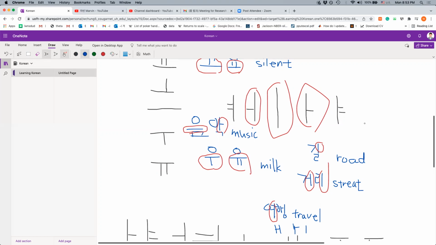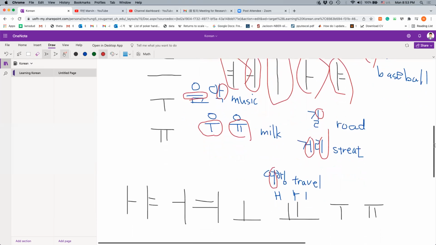We'll go over that tomorrow. And ㅑ is, for example, 야구, which means baseball. 야구. So, yeah, 여행, 야구, baseball.